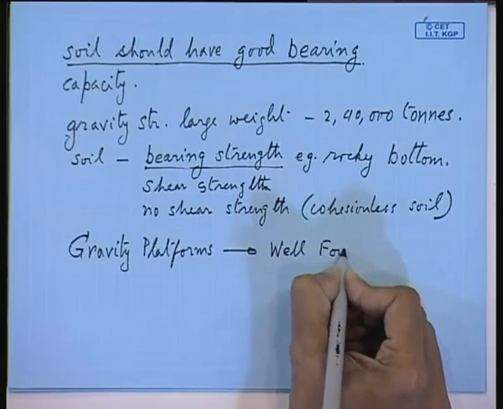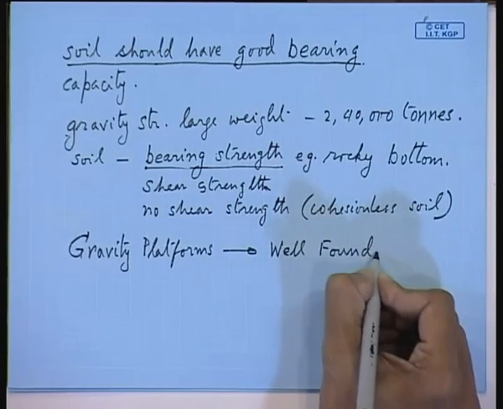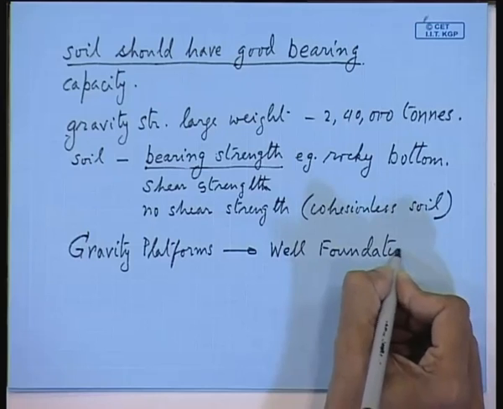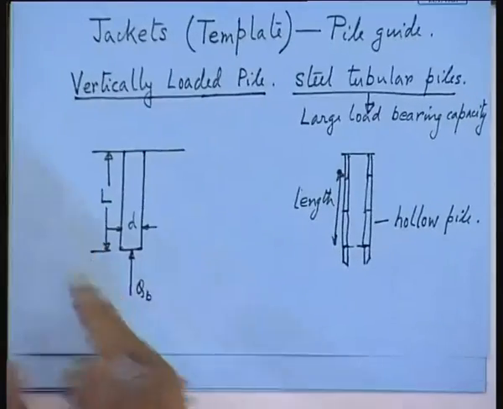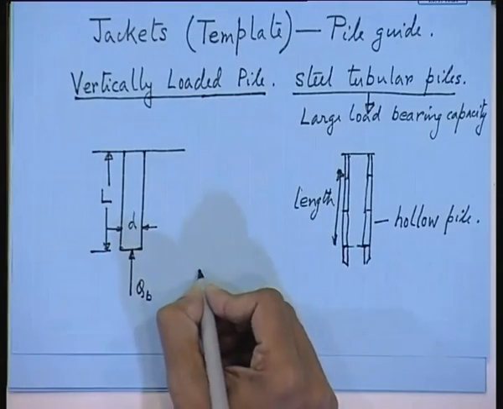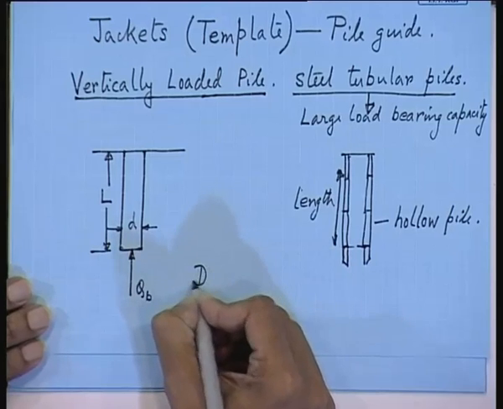In civil engineering they call this a well foundation. The other one that I have talked about is the pile foundation. Those are called deep foundations. A pile foundation is normally called a deep foundation.